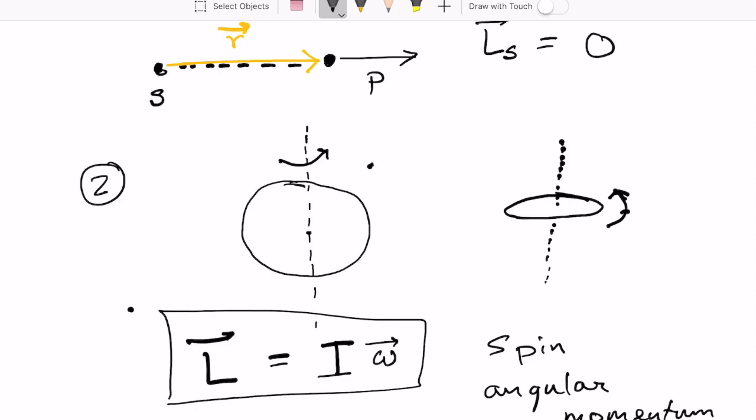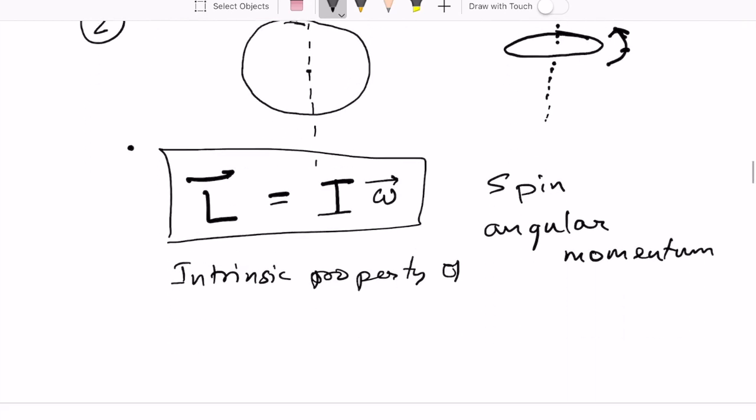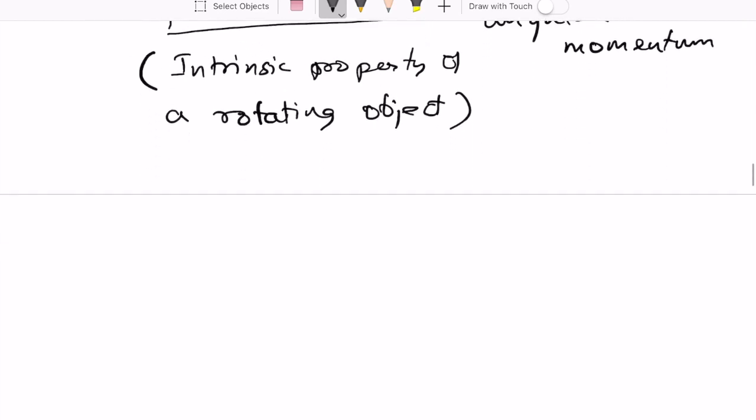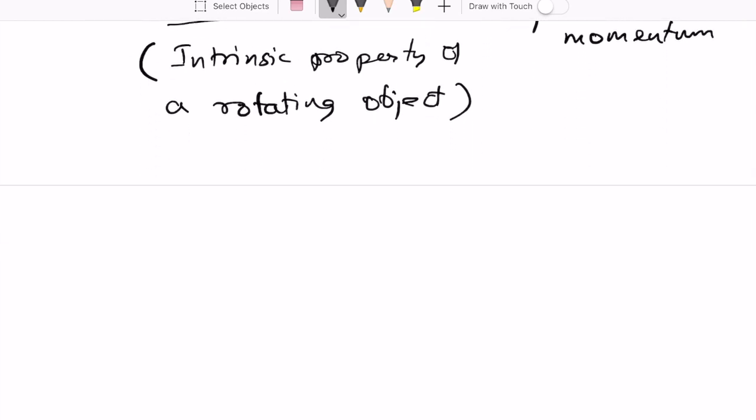So spin angular momentum is an intrinsic property of a rotating object. These facts have really beautiful and profound significances when you go deep into quantum mechanics and stuff like that. But we're really not going to get into any of that stuff here. So all that you need to know is how do you calculate the angular momentum of an object that's rotating about an axis of symmetry.